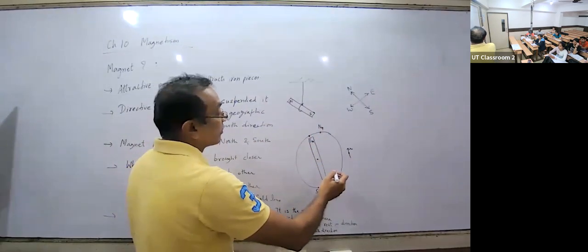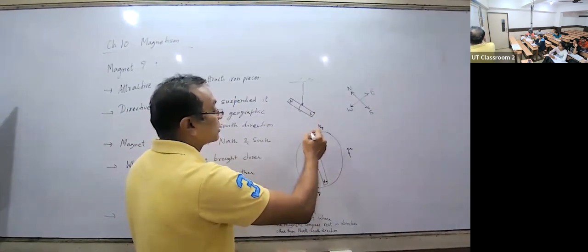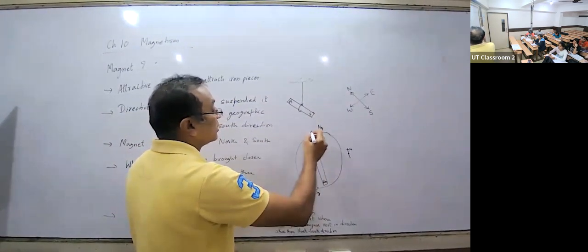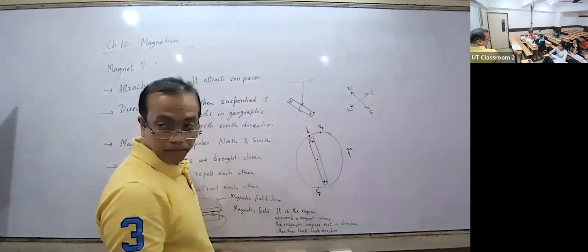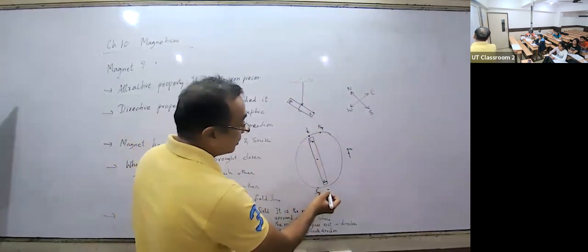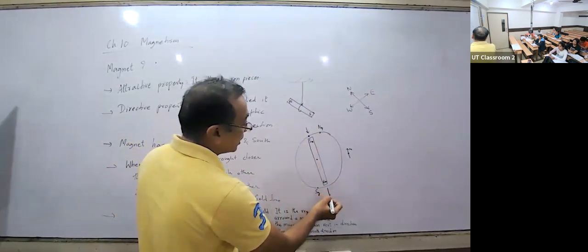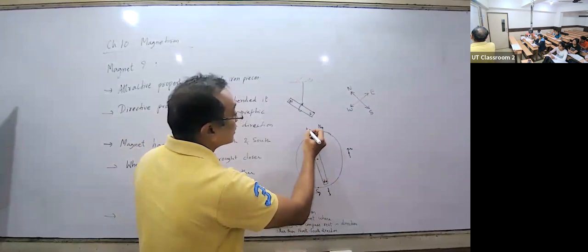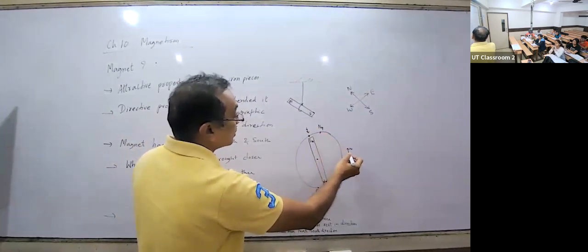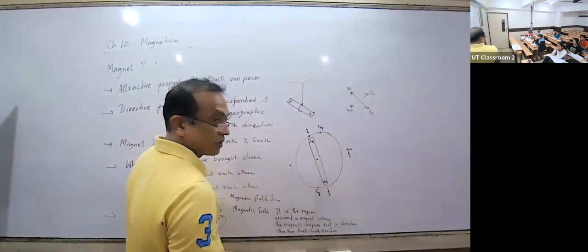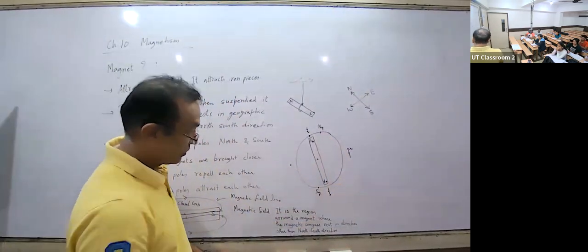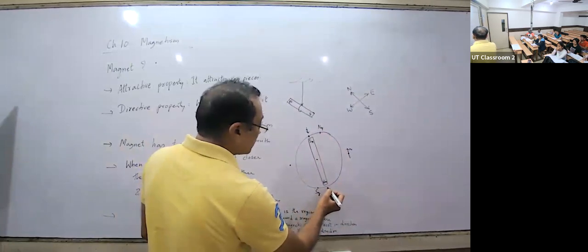Got it? So when the compass reaches here, how will it become vertical? Out here it will be vertical like this. And here, is it vertical or horizontal? It is the angle which it makes with the surface of Earth.